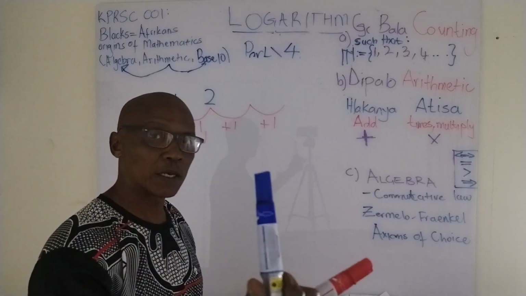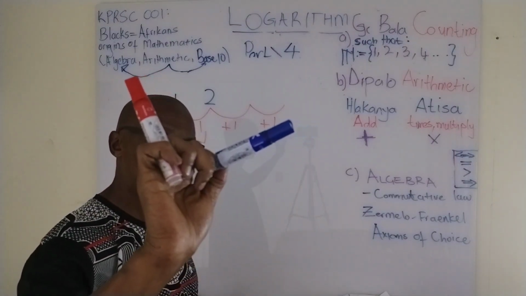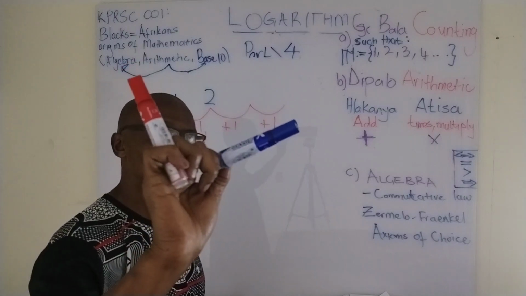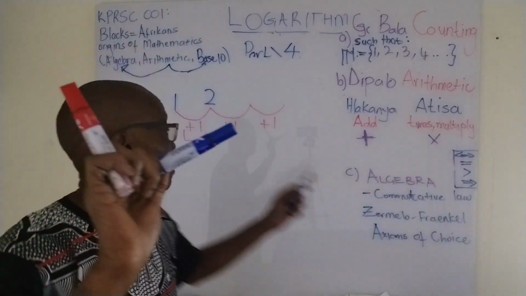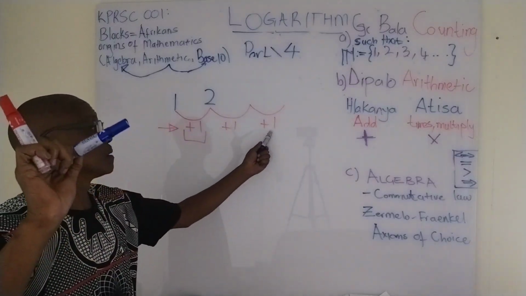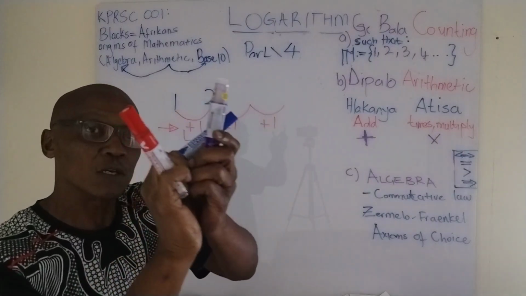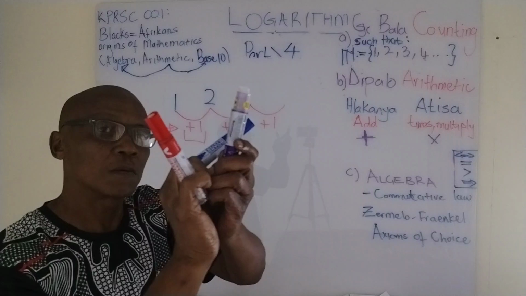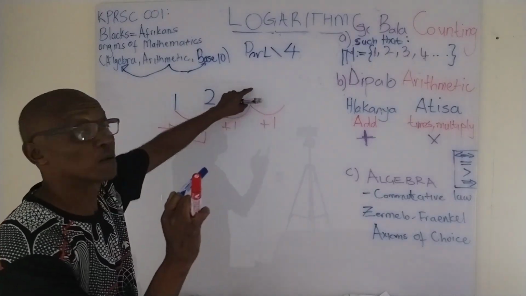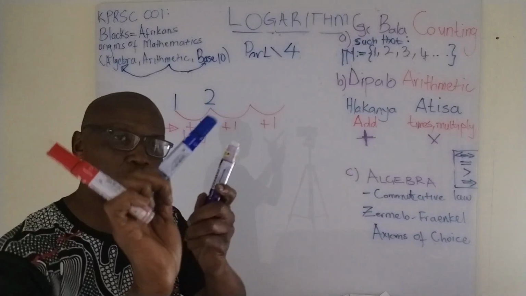It's no longer 1 like this. It's 2. I call this 2. And then I bring another 1, meaning I'm performing the action again. I'm performing the action, and I'm bringing it to this. That's what I mean by 2 plus 1. Now, this is what I would call 3.